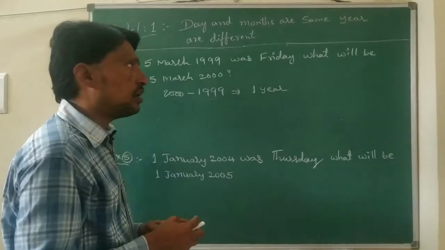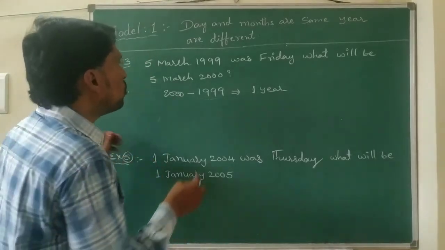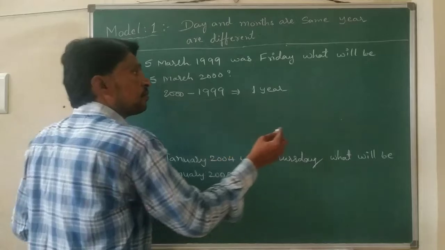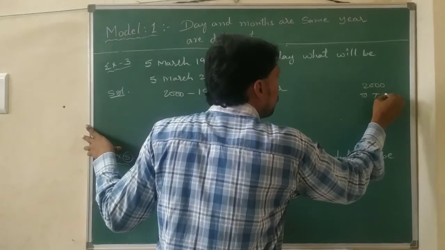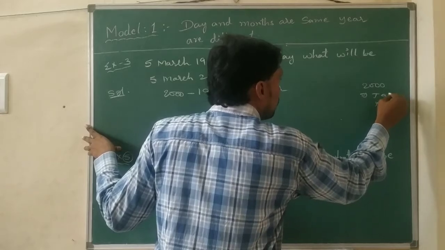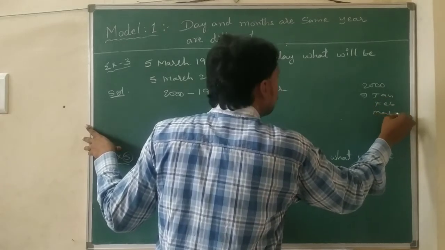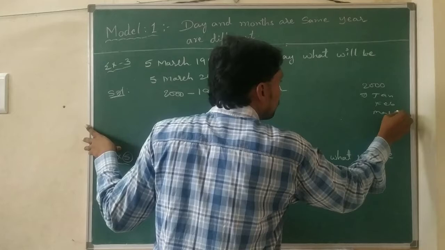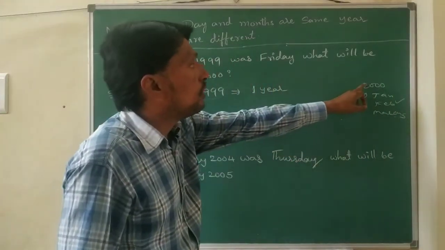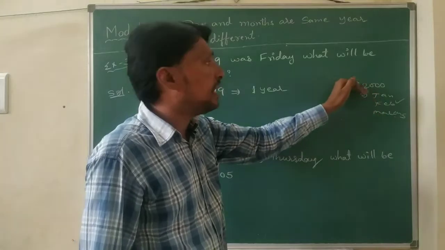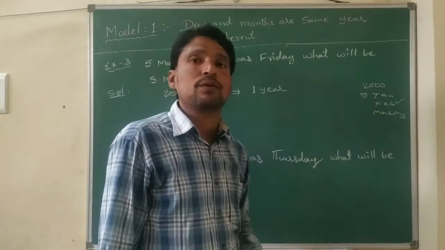Is 2000 a leap year or not? Just check it. Up to 2000 we are taking January, February and March 5th, which means February of the year 2000 is also included in the calculation.